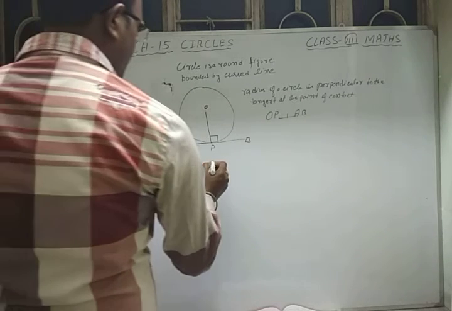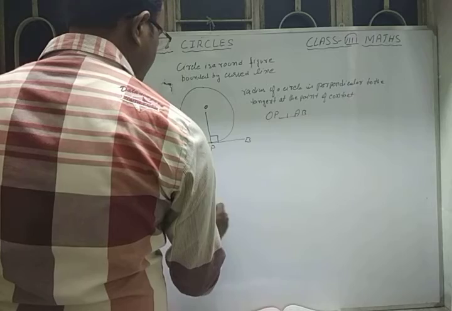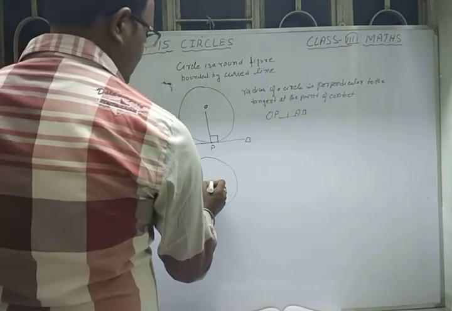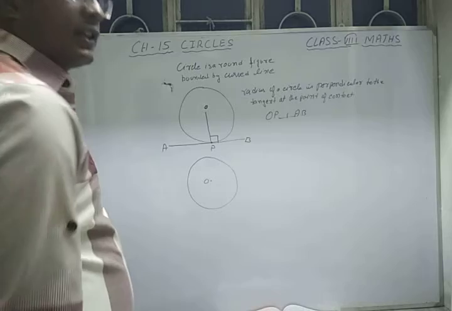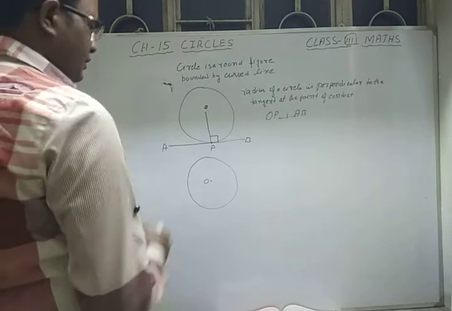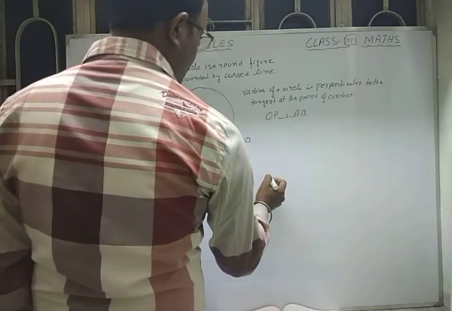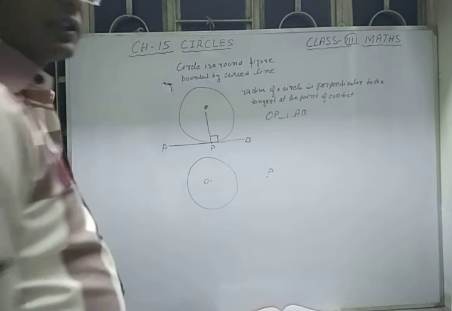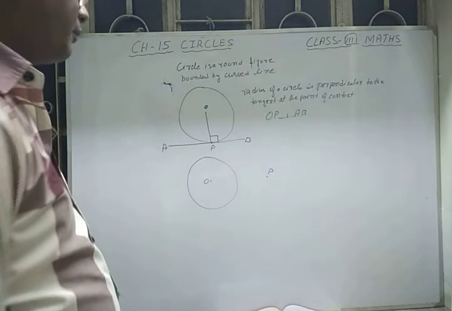Another relation concerning tangents: if you take a circle, this is the center O. Sometimes the center is also represented by the letter C, but I am taking the center O. Now take a point P outside this circle, that is, P is an exterior point.